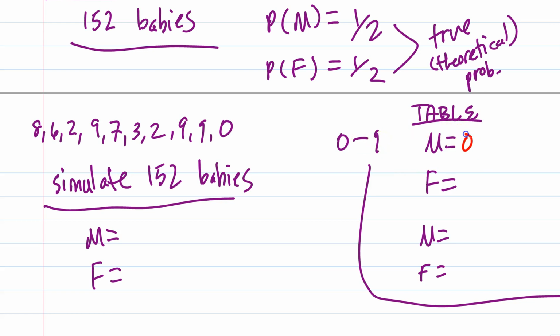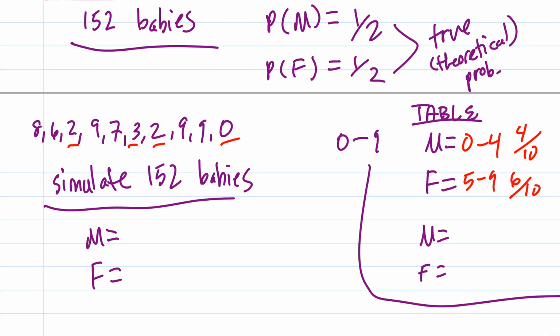Well, I could have 0 through 4 and 5 through 9. That would be 5 numbers and 5 numbers. So using those numbers, 0 through 4 would give me 1, 2, 3, 4 boys. And make sure I did that right. 1, 2, 3, 4, 5, 6 girls.